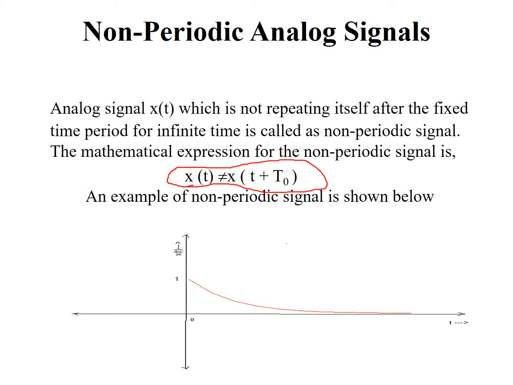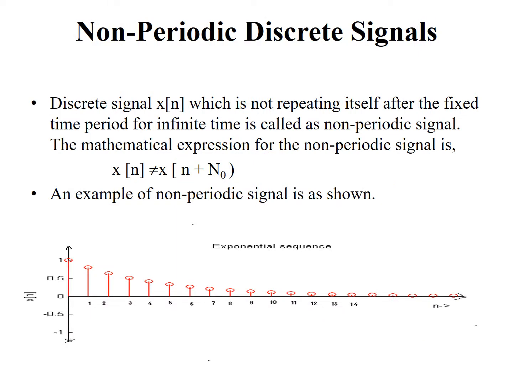An example of a non-periodic signal in the continuous time domain is shown here. This is an exponentially decaying signal. The time extends from minus infinity to plus infinity, but the same period cannot be repeated up to infinity. Hence, it is called a non-periodic signal.